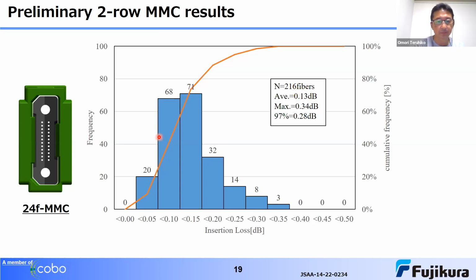So we are developing this connector, and this result shows the average insertion loss is 0.13 decibel, maximum 0.34 decibel, and the 97% value is 0.28 decibel. Slightly worse than IEC grade B performance, but we will complete the development of the 24 fiber MMC connector in the future.